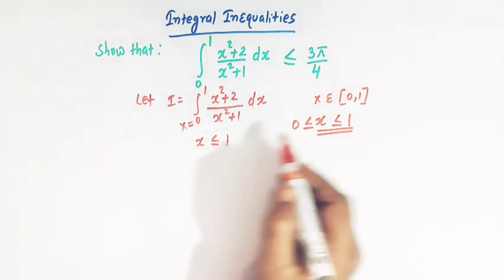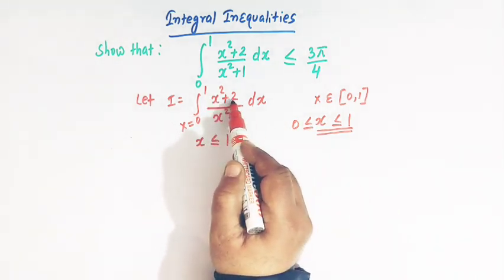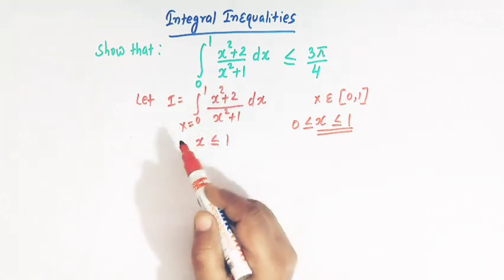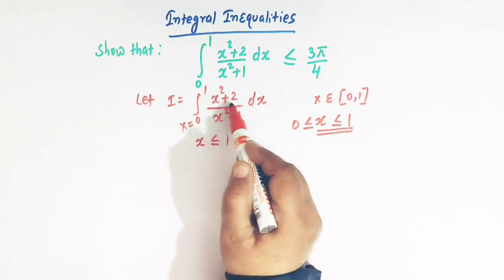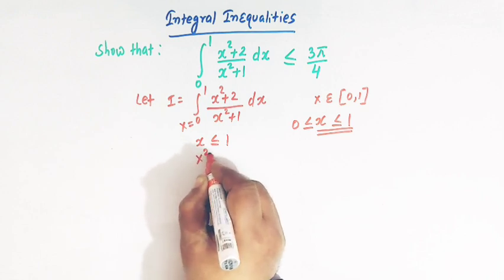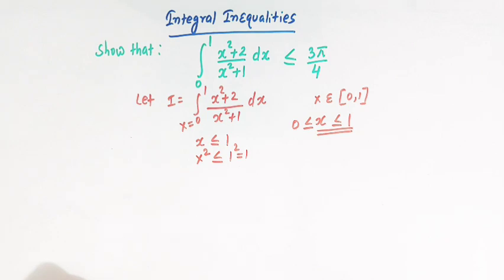Now here we have x² + 2 in the numerator, so we'll first try to get this term x² + 2. What we will do is take the square of both sides. So we'll get x², and here we have 1², which is equal to 1.